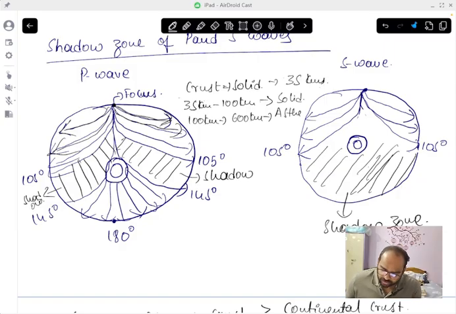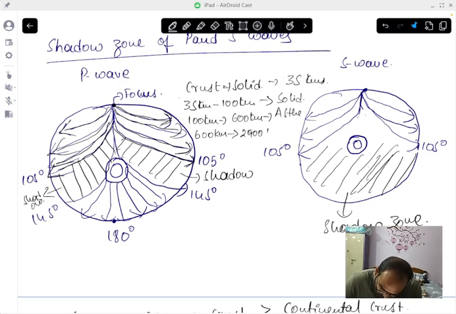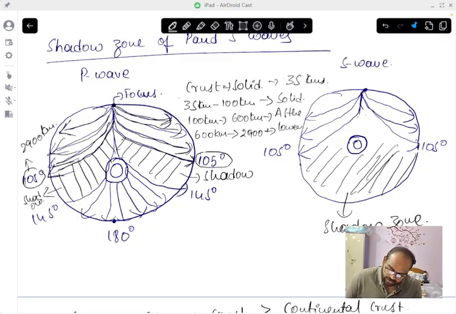Beyond 600 kilometers, up to 2900 km, the speed again increased, indicating the lower solid mantle from 600 to 2900 kilometers.